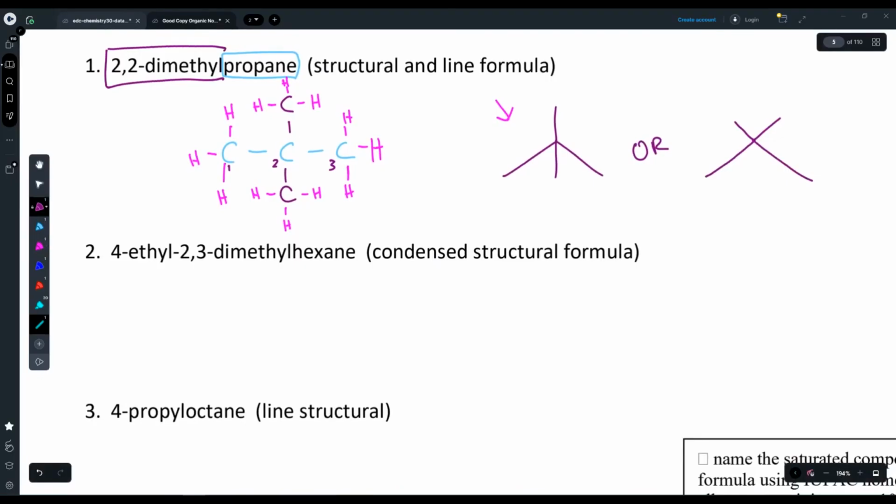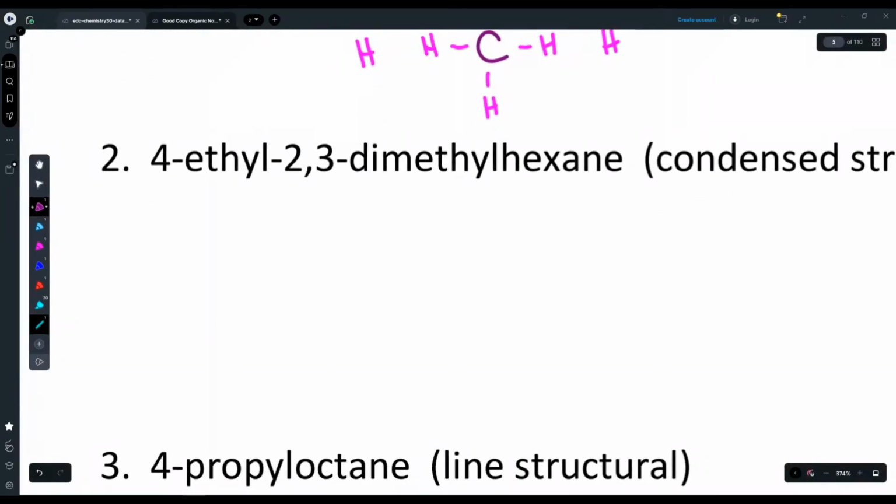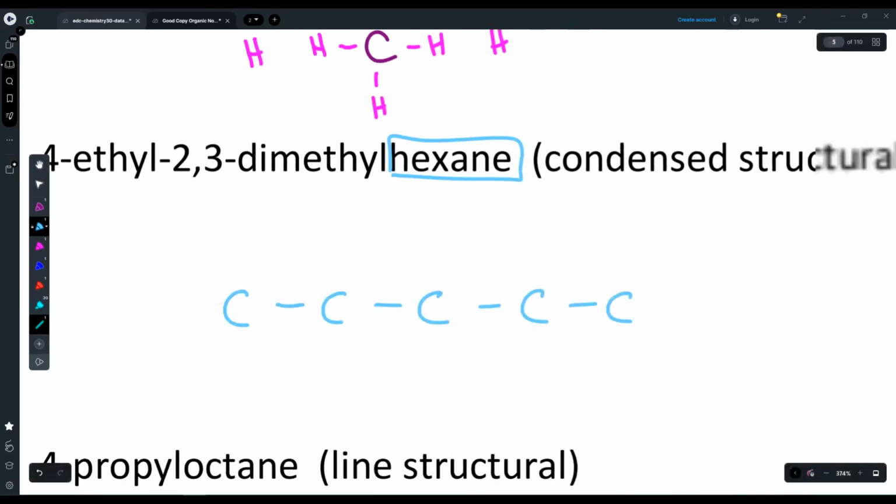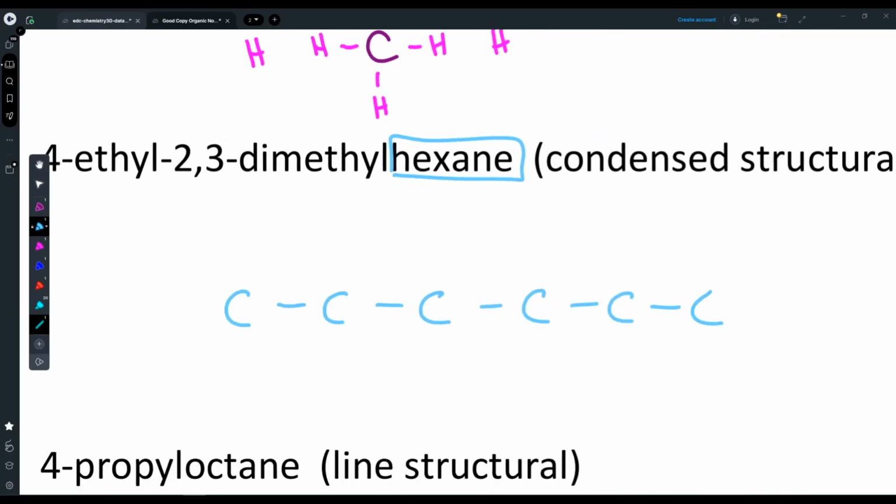All right, moving on. For 4-ethyl-2,3-dimethylhexane, we want a condensed structural formula. This is where we're only showing the bonds between all of the carbons, and we are writing in the hydrogens. So I'm starting with the parent chain, hexane, so 1, 2, 3, 4, 5, 6.